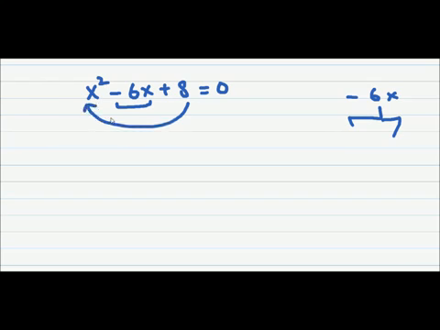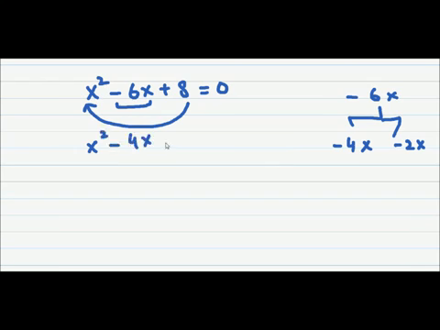Now we split 6x into minus 4x and minus 2x. When these two are added up, they give minus 6x and their product is 8x square. We put these terms in the actual equation instead of 6x.